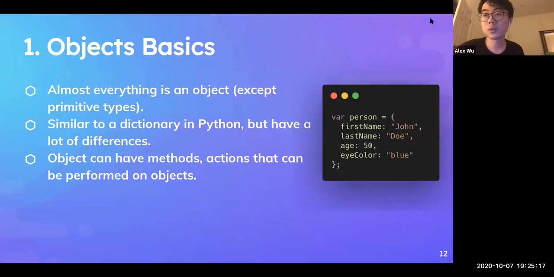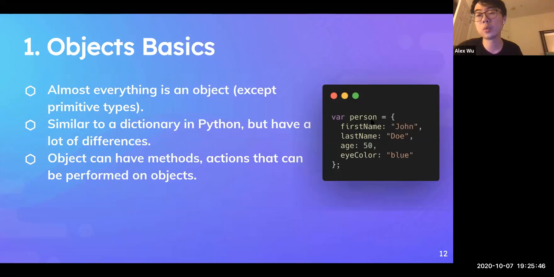For a JavaScript object, you basically define it this way: you use a curly bracket and put the name and value of each property within the curly bracket, and you separate them using commas.